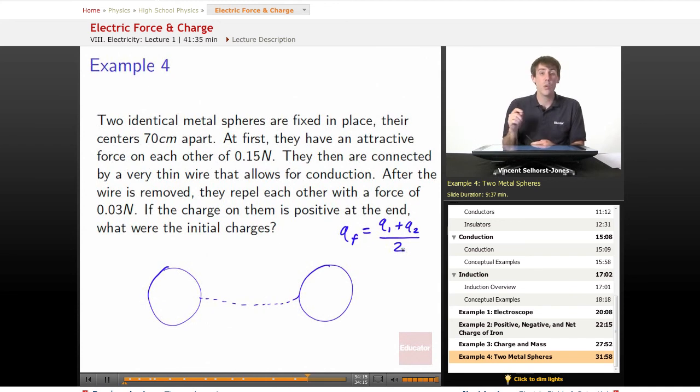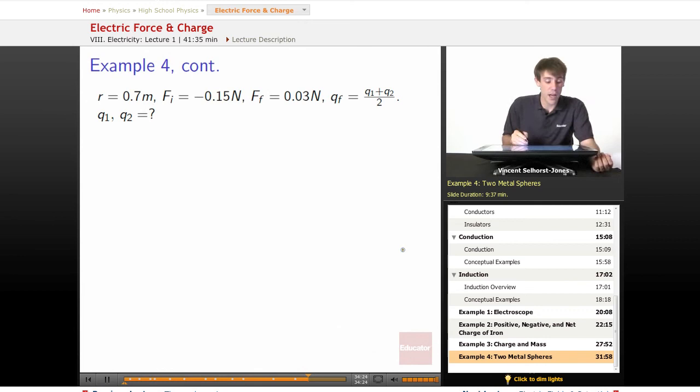So at the end, we've got positive charge, so that means we know QF is positive, and now we're ready to start working this out. We've got that the distance between them is 0.7 meters, the initial force is negative 0.15 newtons. Now that's a really key thing to notice: it isn't positive because it's attractive.